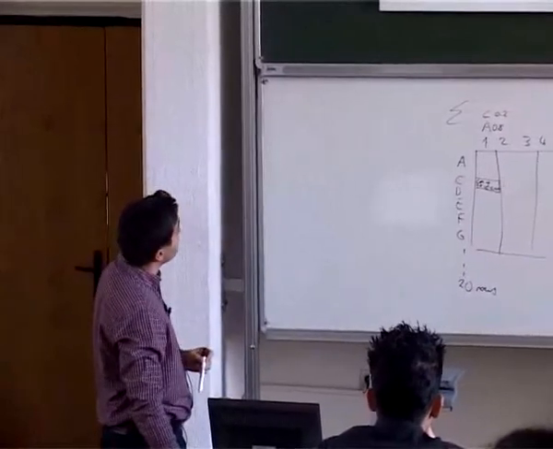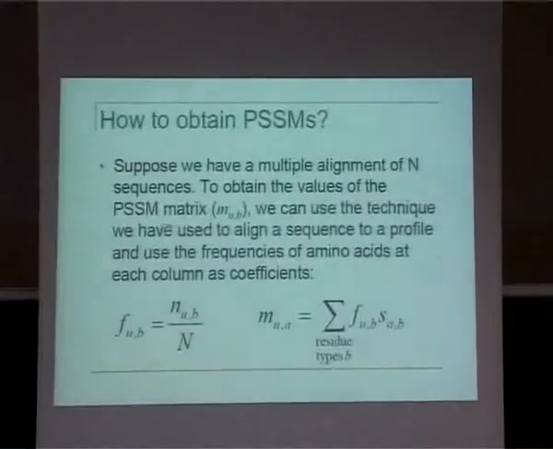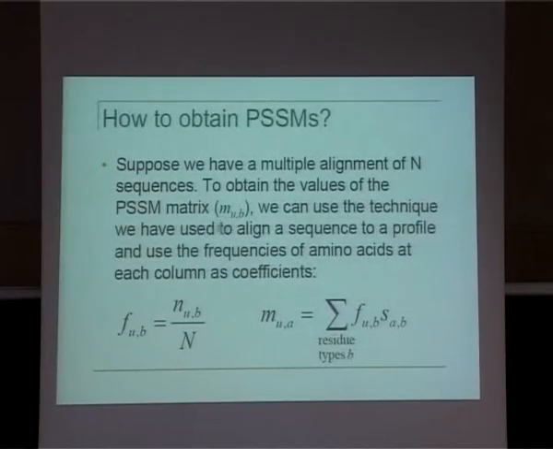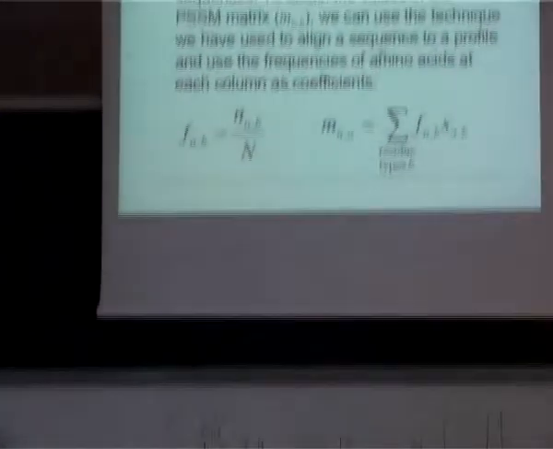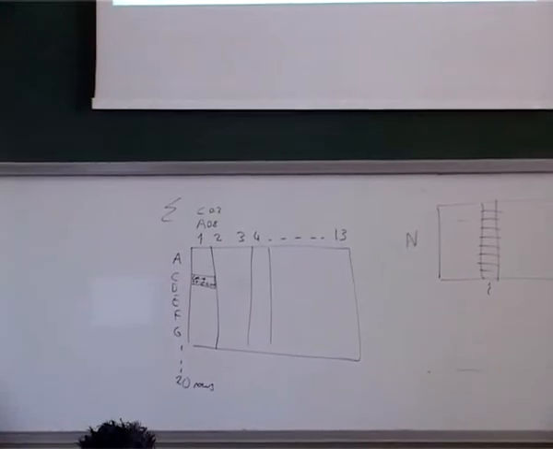Now, to obtain the values of the position-specific scoring matrix, which is a matrix like this, the indices mean this: what is the score of aligning the i-th position to an amino acid b? This is, for example, the fourth position to a specific amino acid b.